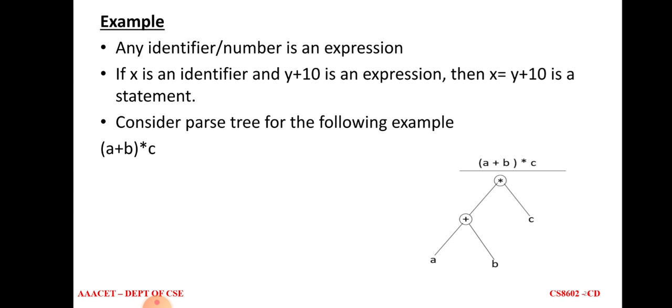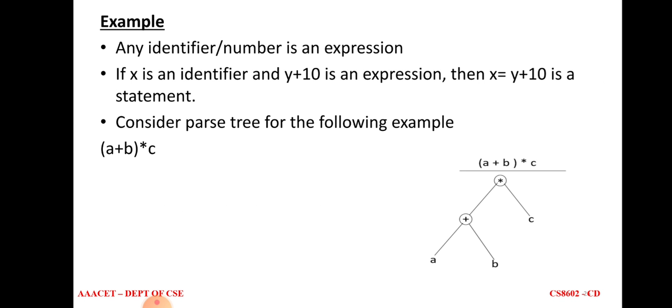Here star is the root operator, and star has two children. One is a plus b and another one is c. So we can write the rightmost child c, and the leftmost child of star is a plus b. Here plus also has two children, one is a and another one is b.